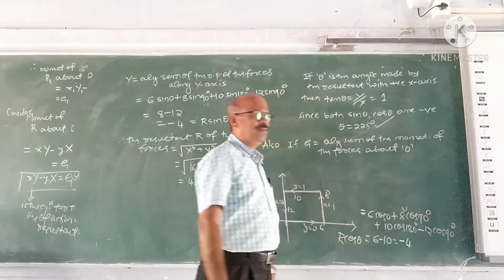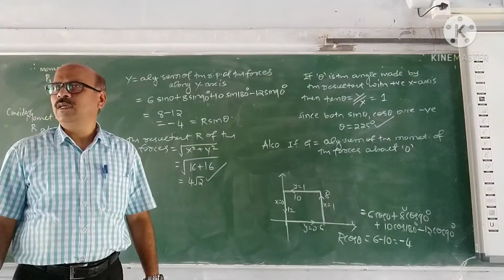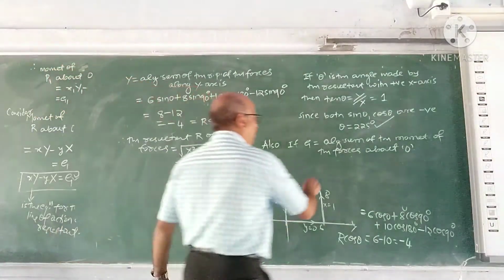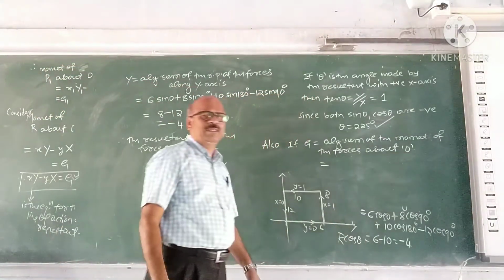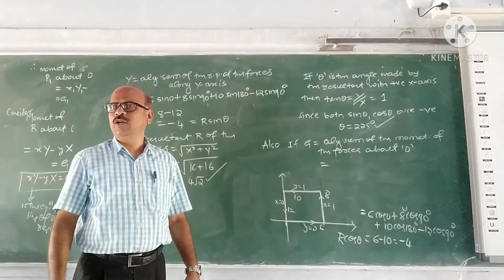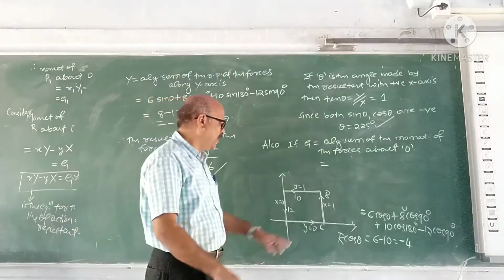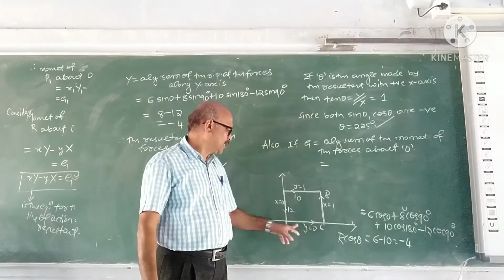What is G? Algebraic sum of moments of component forces about O, that is important, about origin. In the line of action of the resultant, you have to take moment always about origin. What is moment of this force 6 about origin?